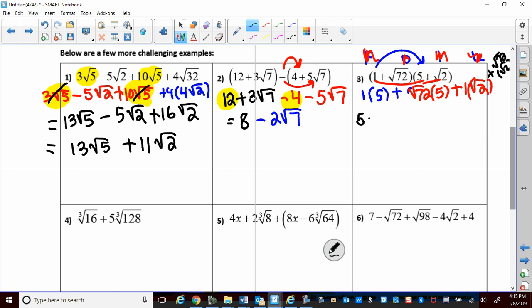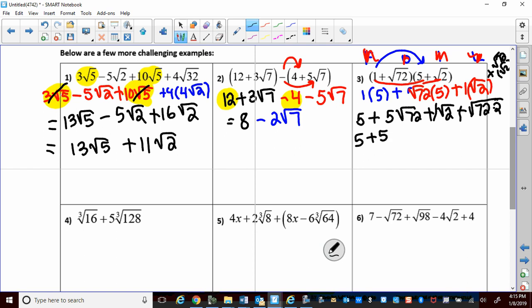Now I have 5 plus 5 square root of 72 plus the square root of 2, or 1 square root of 2, plus the square root of 72 times 2. Remember, we can just multiply those things inside of the radical. That's going to give me 5 plus 5.